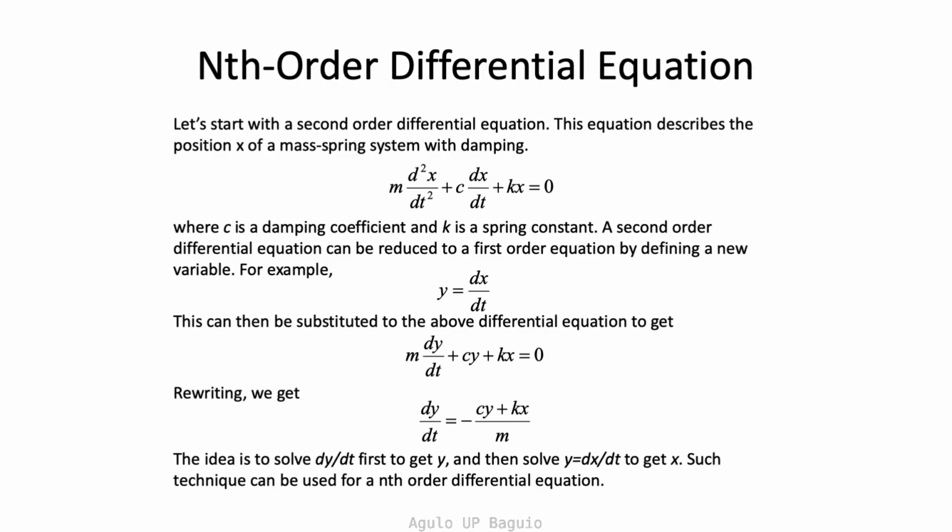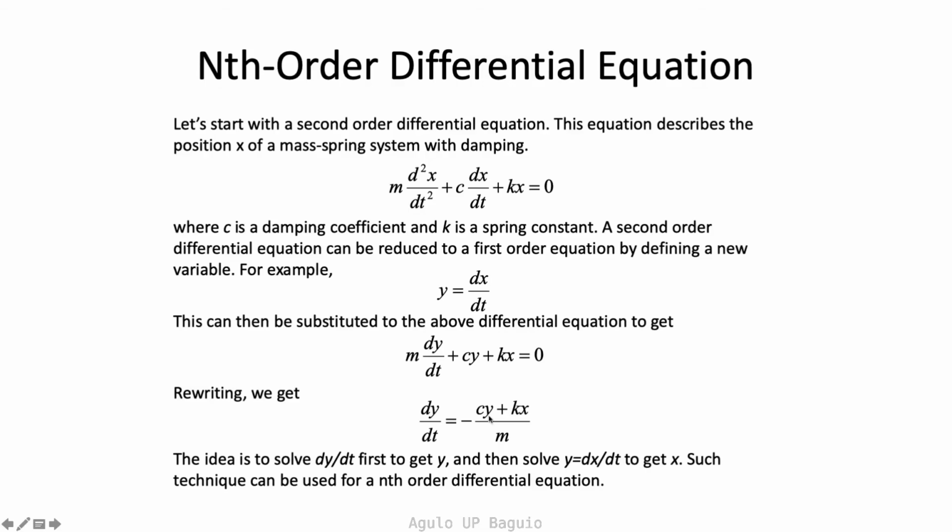If we have a step size of h, then t2 is just t1 plus h. What we are going to do here is first use the Runge-Kutta method to solve for y.